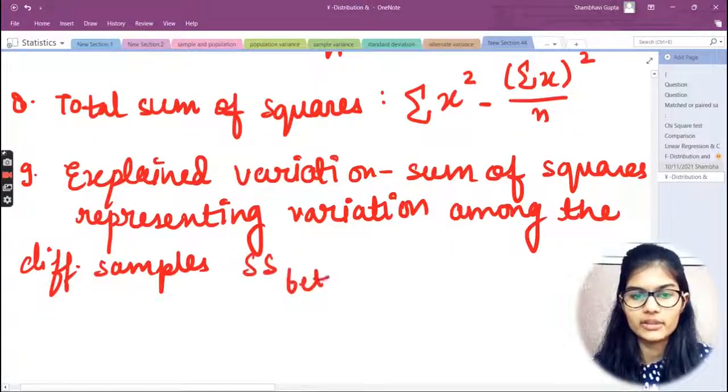SS, and downside we write between. That is equal to SS between.